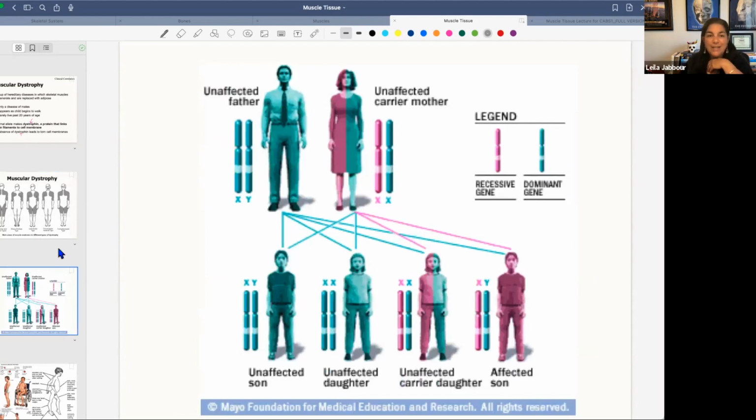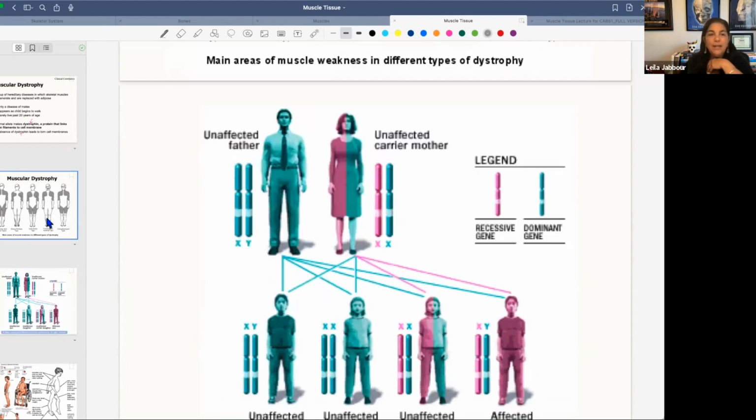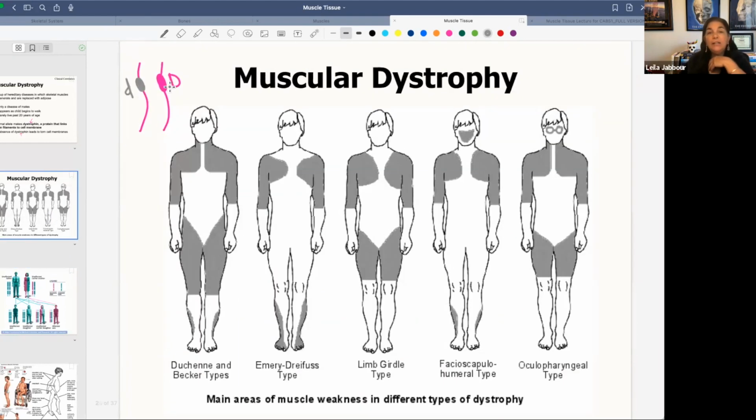It's a recessive trait. That means if you end up having at least one normal allele, you're okay. The absence of expression from the abnormal allele is basically compensated by the normal allele. So the normal allele will produce dystrophin.